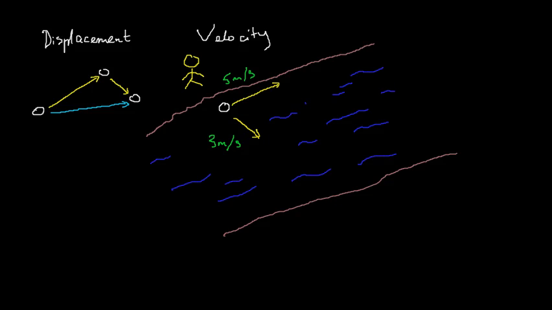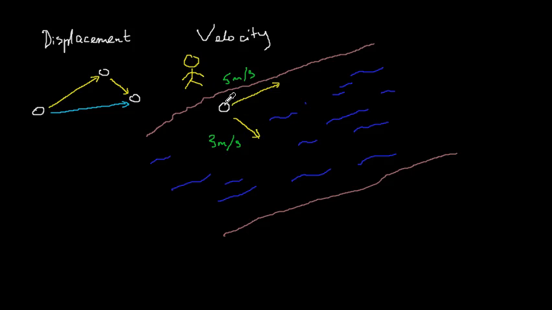Now let's look at these velocities. Suppose this arrow here, this 5 meters per second, represents the speed and the direction of the river, of the water flowing along this direction. And this other arrow, 3 meters per second, represents the speed that the boy threw the ball into the river.